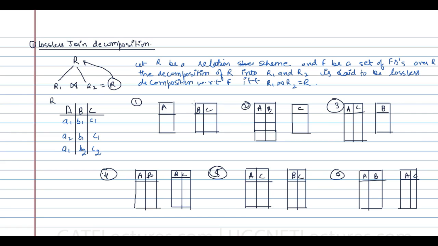Now we want to decompose in such a way that if you join these two tables, for example, if this is a relation P and this is a relation S, and you do P join S, then we should get the original relation, which is R. We should not get any extra tuples, and we should not get any fewer tuples as compared to the previous relation.